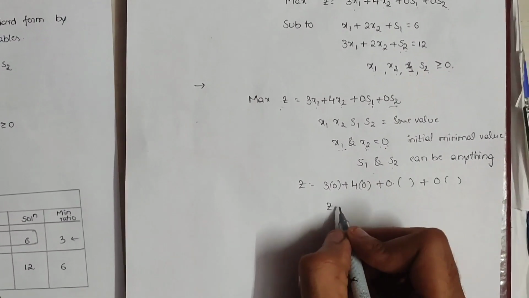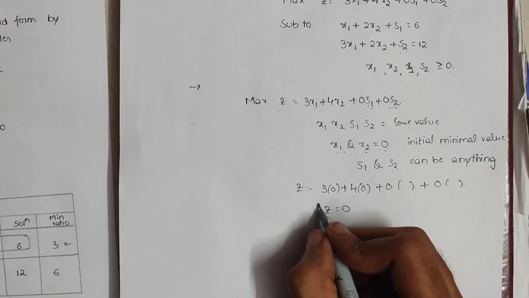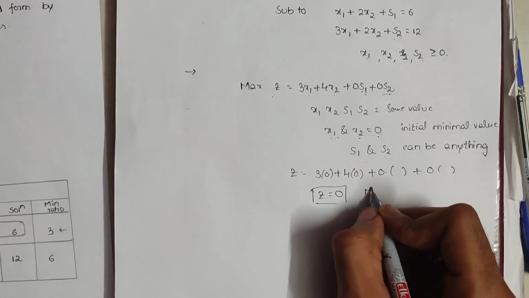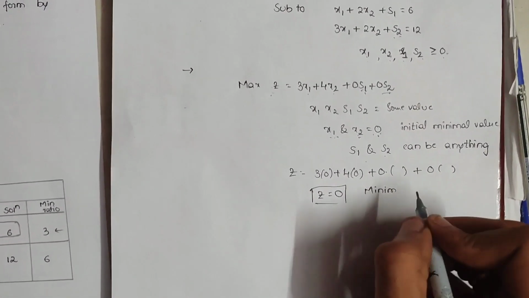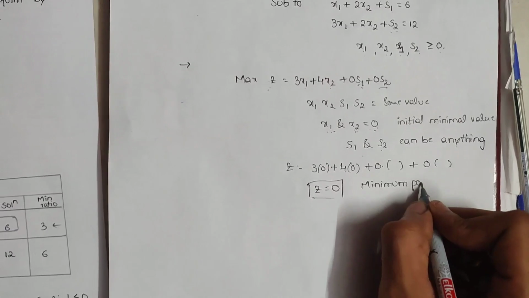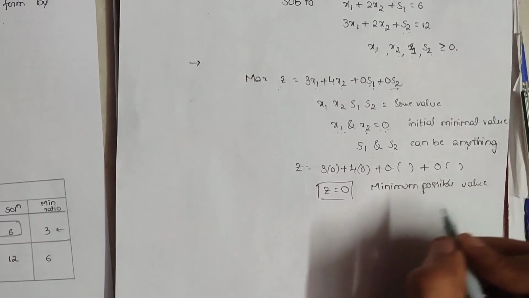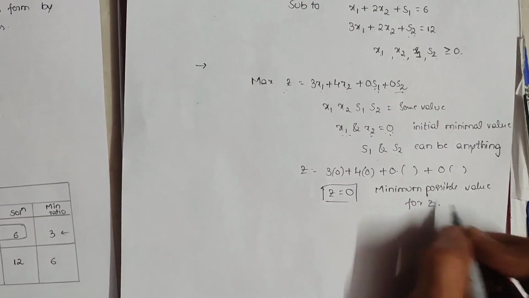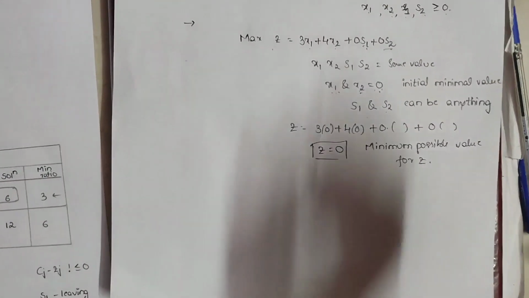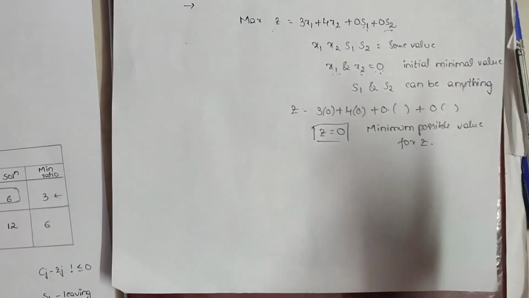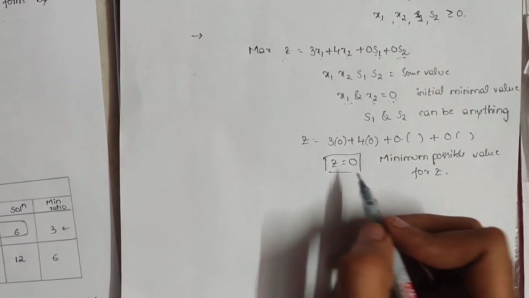So the value of z is 0, the minimum possible value for z. Minimum value of z is 0.